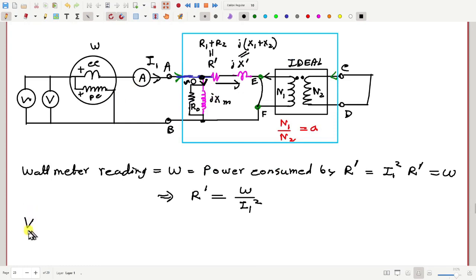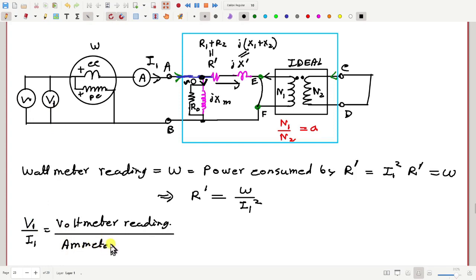Then after that, consider this quantity V by I1, that is the voltmeter reading, let me call it V1, divided by the ammeter reading I1. That should be equal to what? The impedance between A and B. Now the impedance between A and B has two paths. One is R0 Xm and another parallel path is R prime X prime.